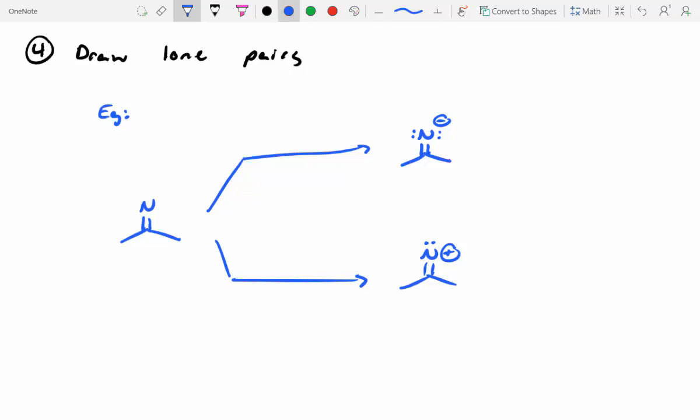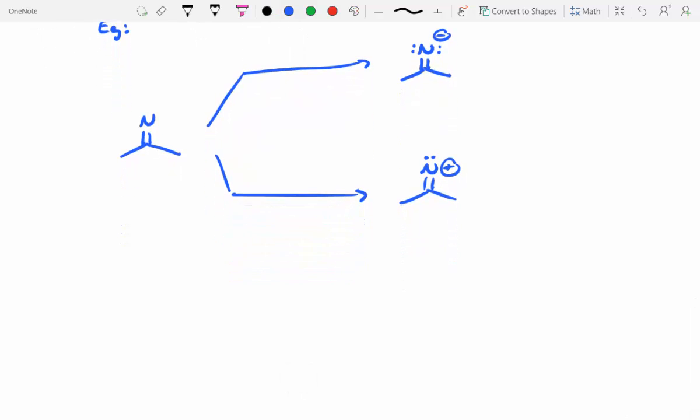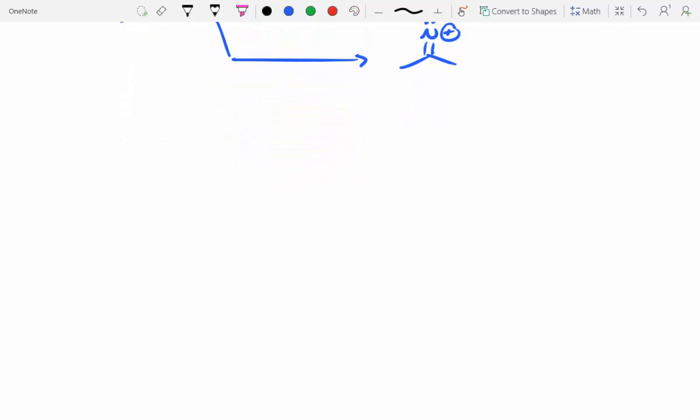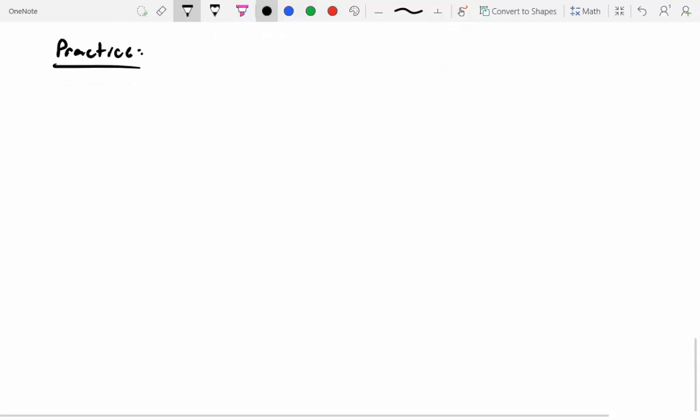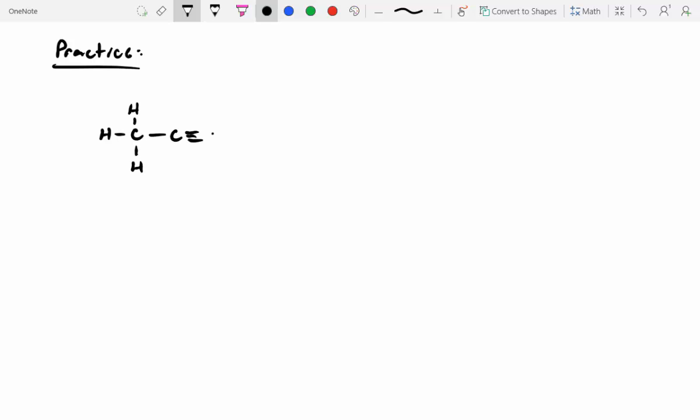All right, let's do a little bit of practice. I'm going to give you guys a structure, and I want you guys to help me determine the zigzag structure or the bond line structure out of it. So for the first one, is it okay if I scroll up? Okay. Let's do this compound.